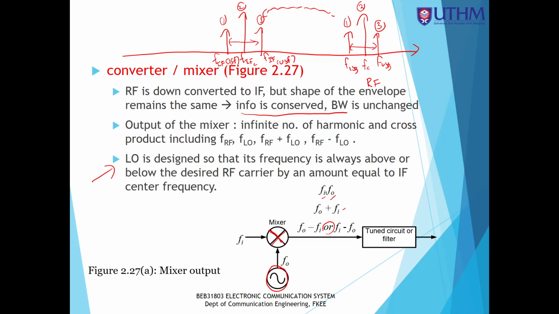So FLO, the local oscillator frequency, must be designed correctly so that it is tuned to the desired frequency. So how much is FLO? FLO can be higher or lower than the range of RF frequencies.